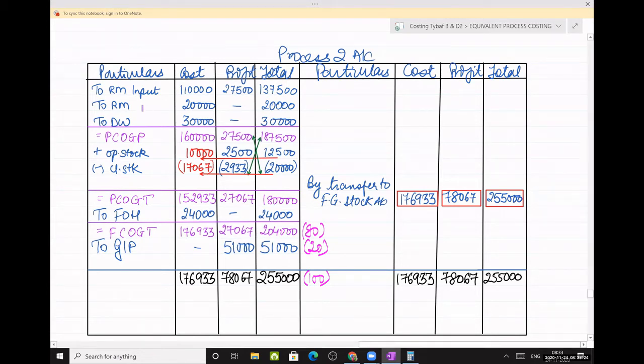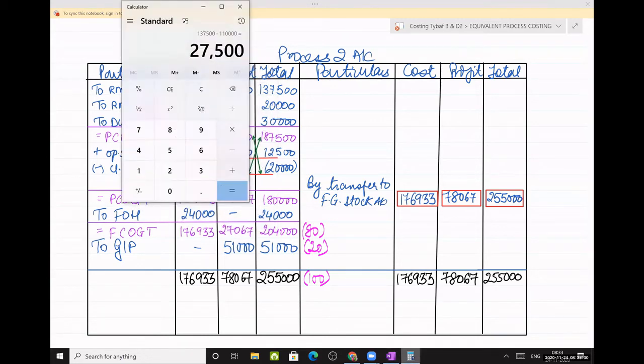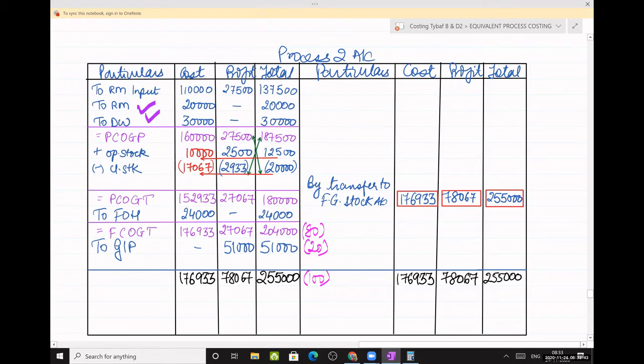Same thing, debit your raw material, debit your wages. Take the total. 1,37,500 plus 20,000 plus 30,000. 1,87,500.